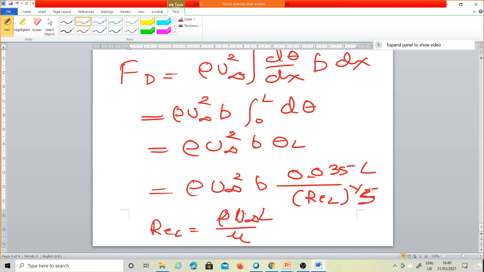And the value of B you already know. In this case B is the width, and it should be 10. So all the values are given, you can calculate the value and you will get the expression for FD.